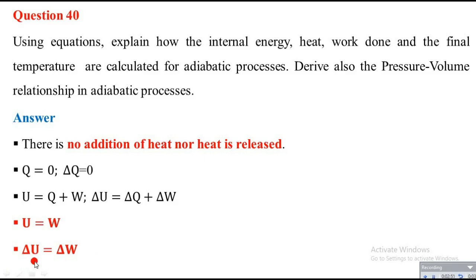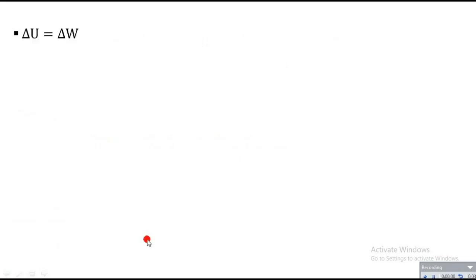That means the internal energy is equal to the number of moles times the heat capacity at constant volume times the change in temperature. So the work done is also equal to nCvdT, because the change in the work done is equal to the change in internal energy. That is dU is equal to dW.